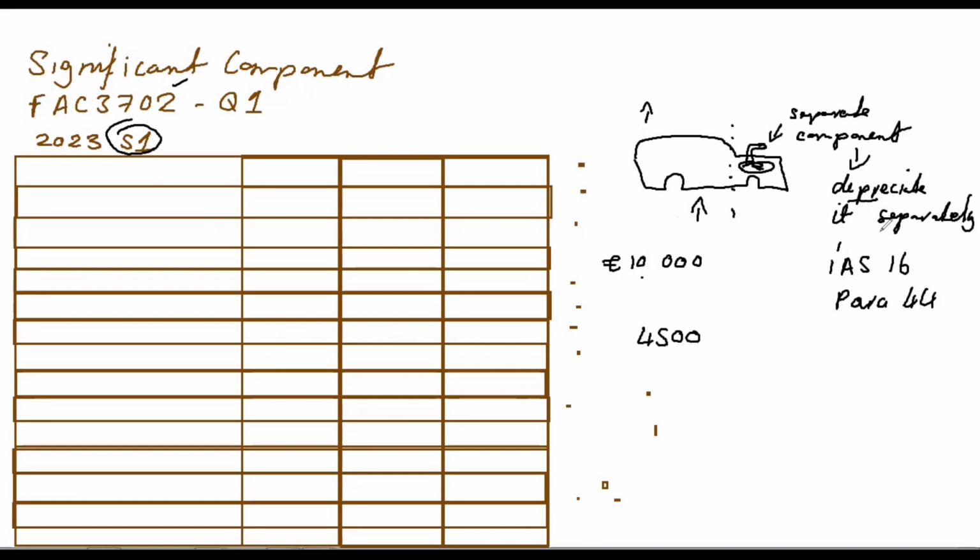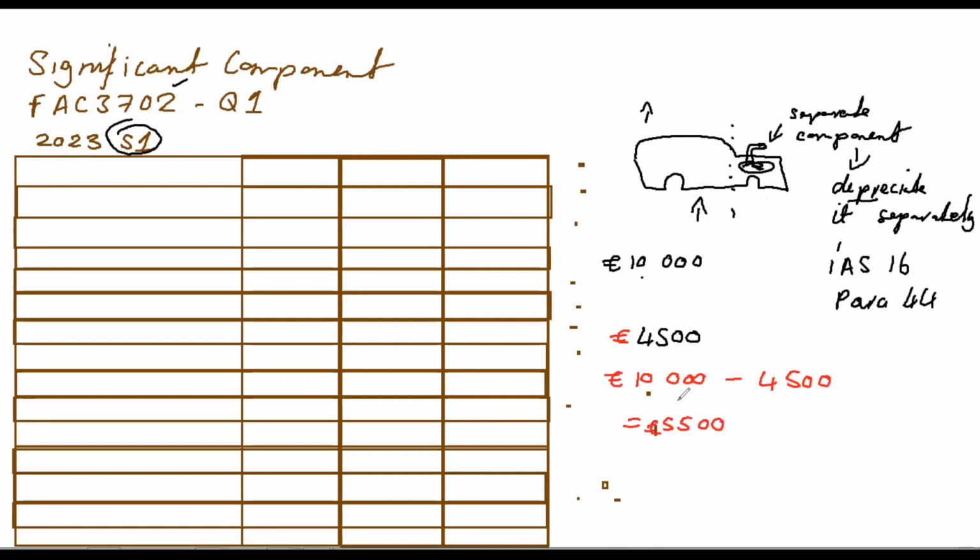It simply means that if the whole car is 10,000, and they tell you that the engine value separate is 4.5, then the value of the car without the engine is how much? Just minus, right? You understand? Then what do you get? 5.5.